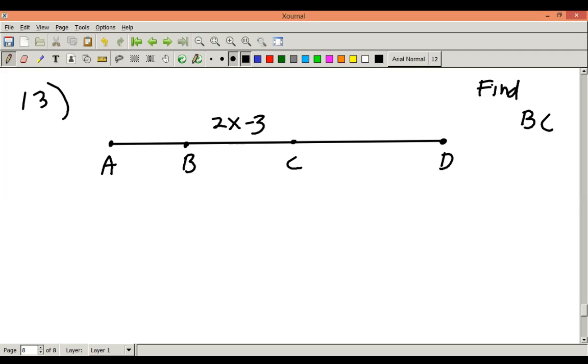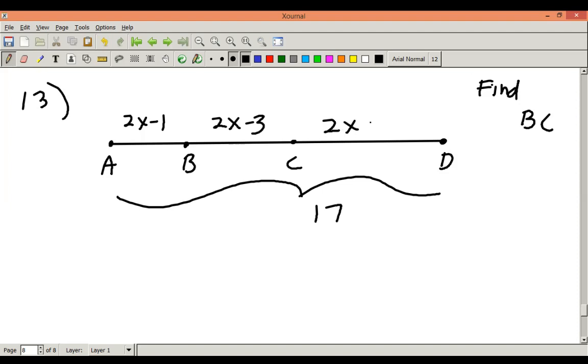AB is 2x minus 1. So this piece right here is 2x minus 1. AD is 17. So the whole thing is 17. And then they gave us CD also is 2x plus 3. So that's all the information you need.